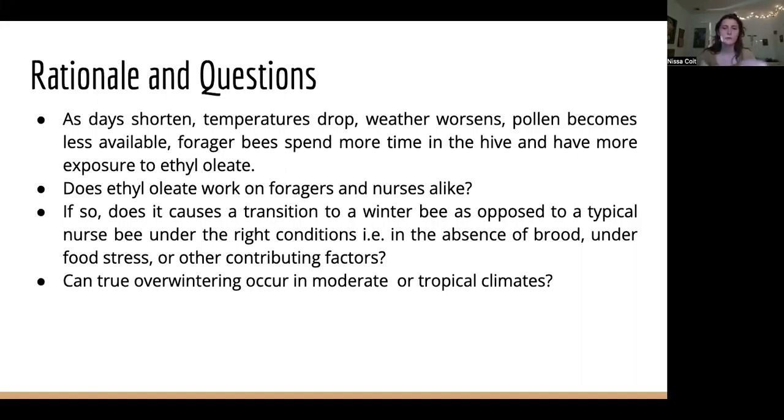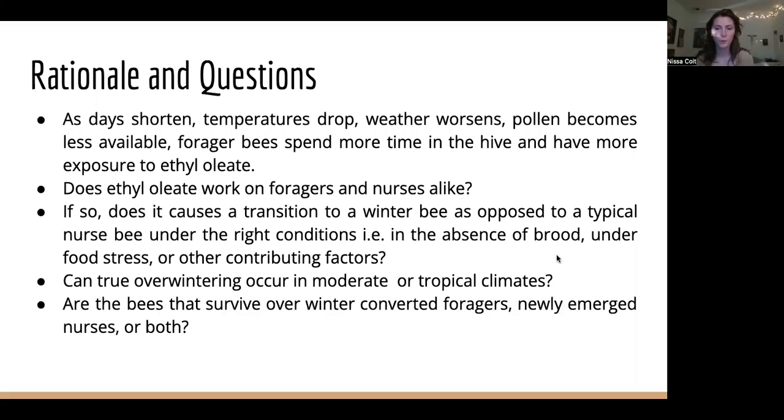And as we know, in Northern climates where it's really snowy and cold, they definitely do. But we're in a gray area where we don't know whether they're actually overwintering or not. And it was really hard to answer that question without knowing more about what a winter bee is, and what causes it.